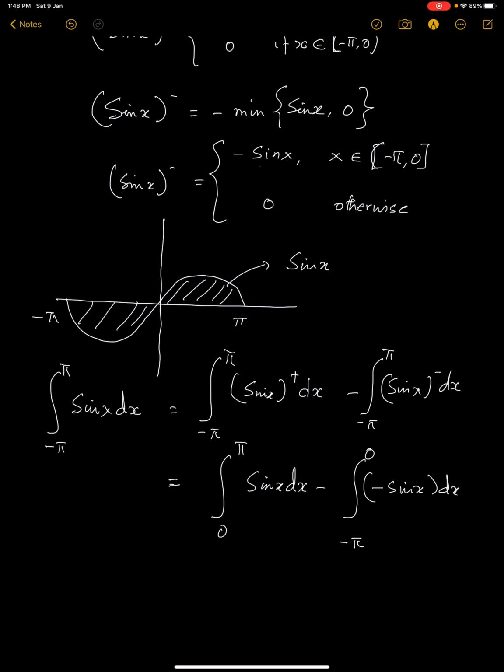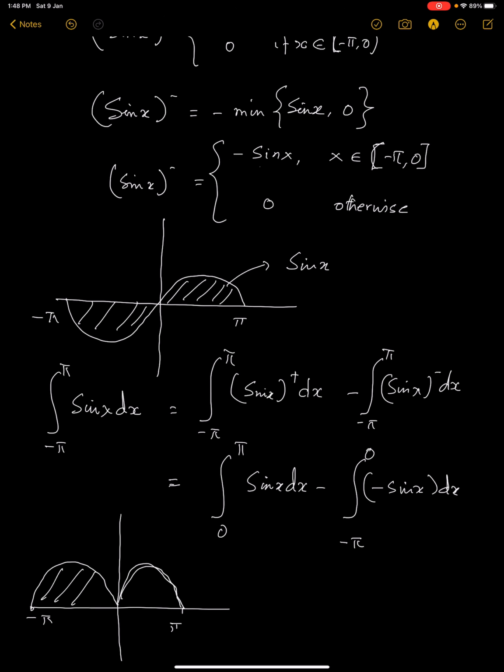Now look at the graph. Between minus pi and 0, if this is minus pi and this is plus pi, then minus of sine x has this graph and sine x has this graph.